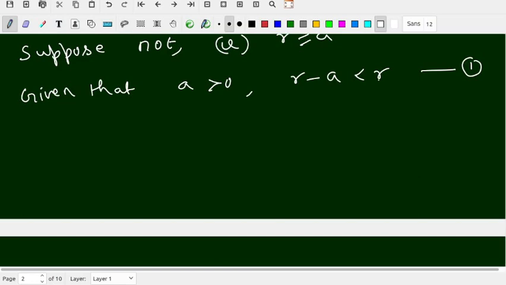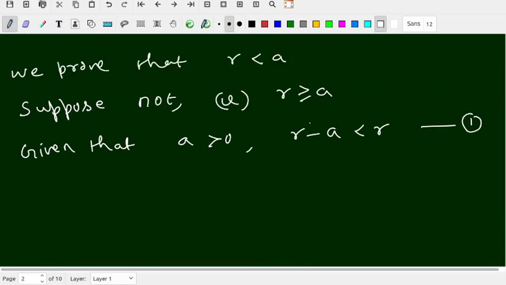So what about R minus a? R is greater than or equal to a, that is assumed, so R minus a is greater than or equal to 0.